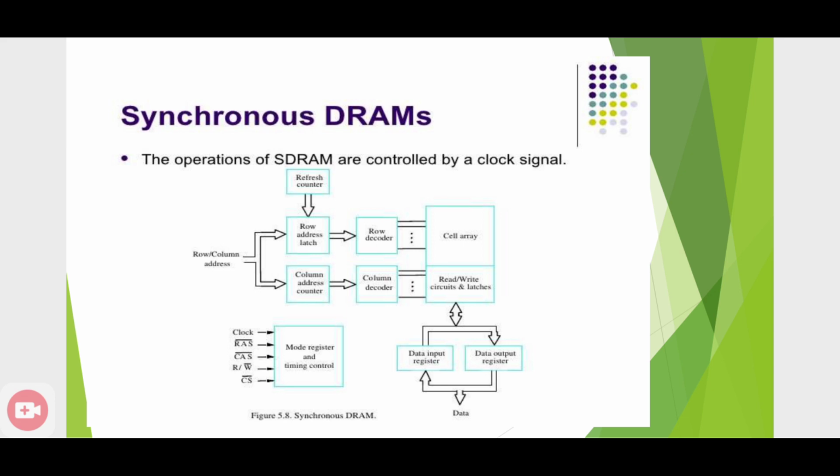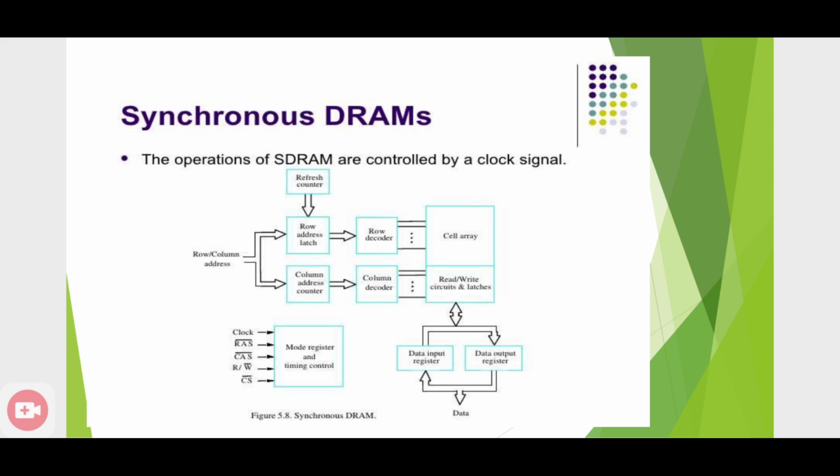So here in the synchronous DRAM, we have a row address latch, a column address latch, and there is a refresh counter. There will be read-write circuits and latches, and they will be connected to input-output data registers.